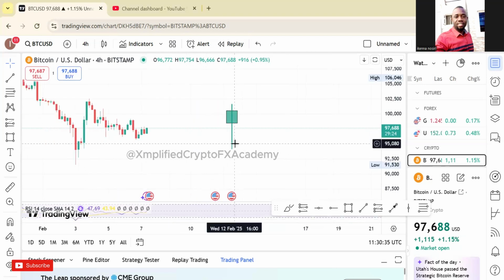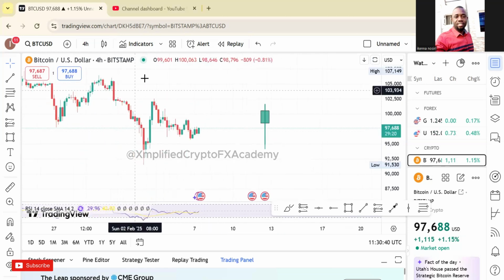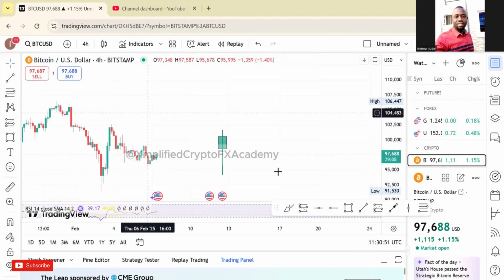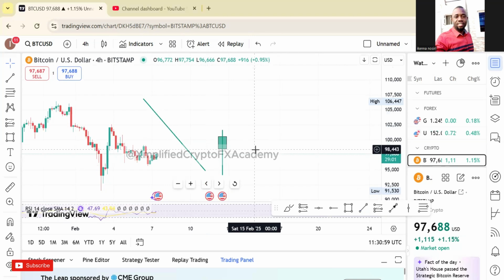So what I would say is that if a market is falling, falling, falling, let me pick a trend line there, in this case it should be red candles, dipping lower lows, lower lows, like a bearish trend.